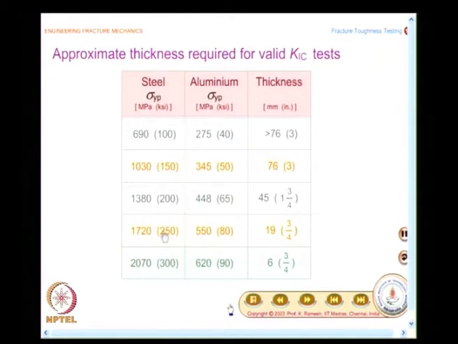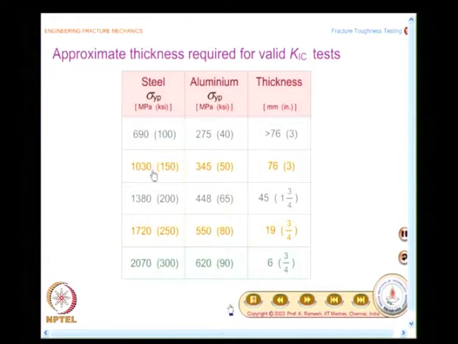What you have in the first column is the yield strength of steel, second column aluminum material, the yield strength is shown, the third column gives the thickness necessary for K1C tests. So, what you find is when I have steel of yield strength of 690 MPa or aluminum of 275 MPa, the specimen thickness should be greater than 76 millimeter.